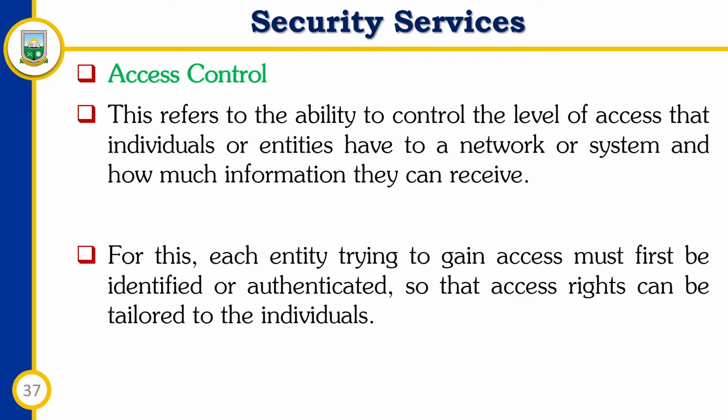Administrators can create lecturers, create courses, enroll into classes and do so many things. So based on the access level, there are different things that you can do. For this, each entity trying to gain access must first be identified or authenticated so that access rights can be tailored to the individual.